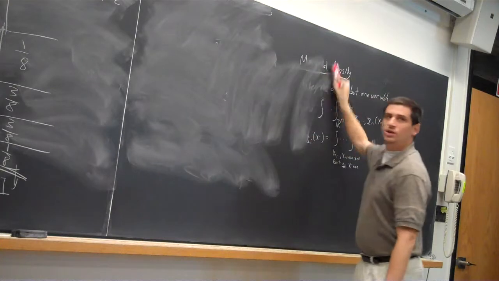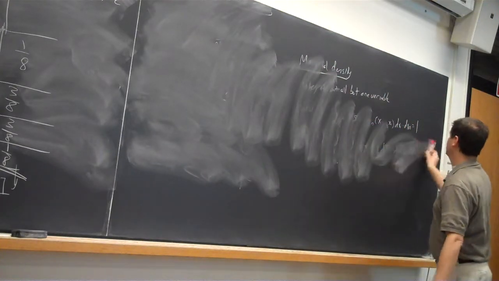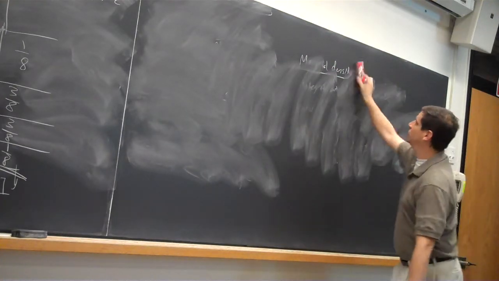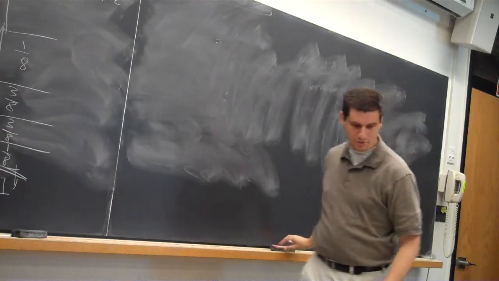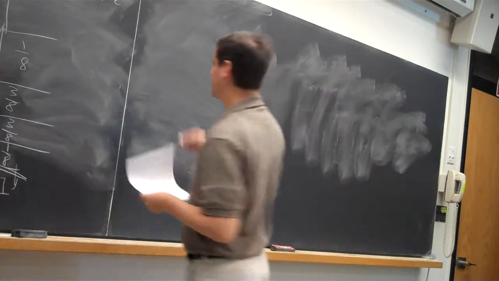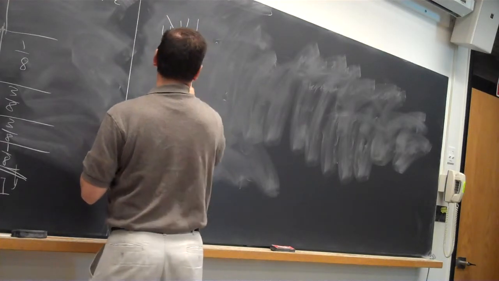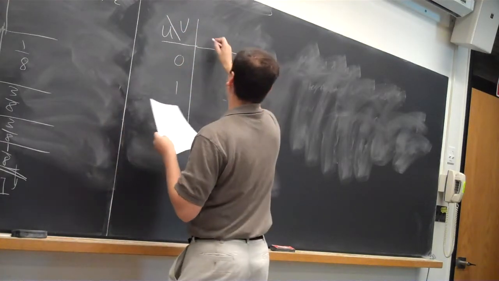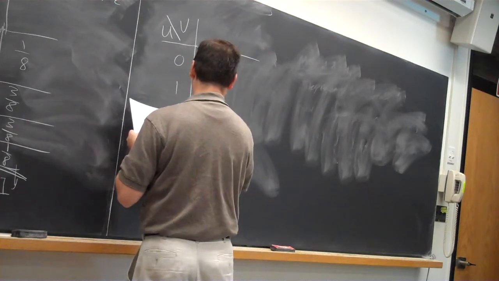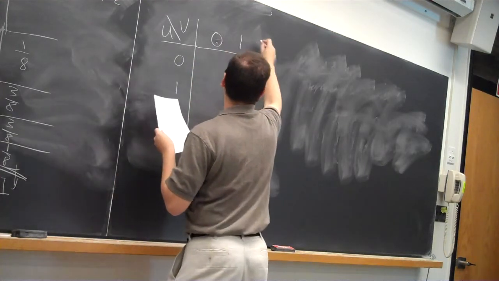Okay, so let's do another example of joint densities. Since it took so long to make that table, I'm going to just write down some values. I'll use the letters U and V, 0, 1, 2, 3, and 0, 1, 2.